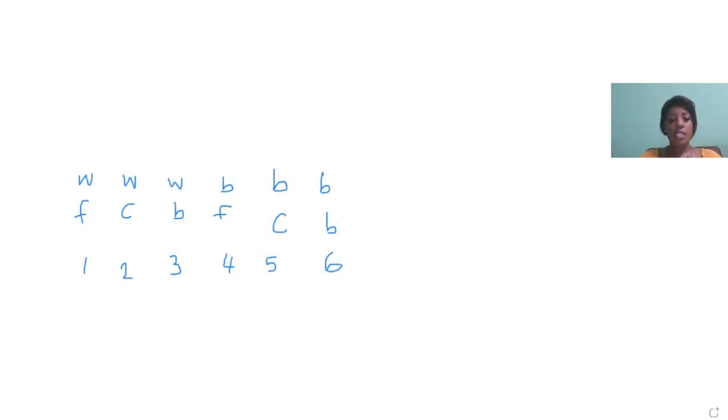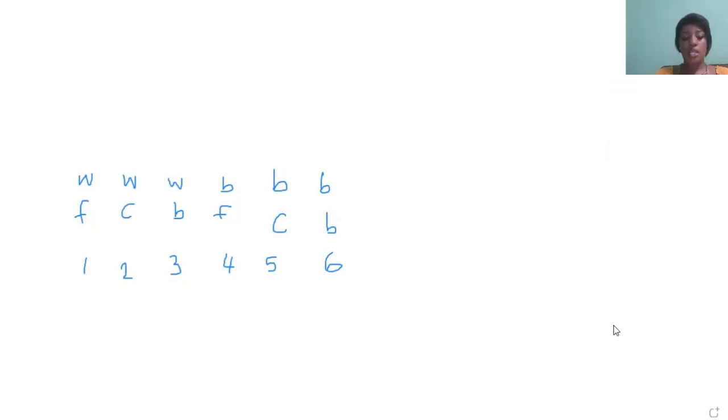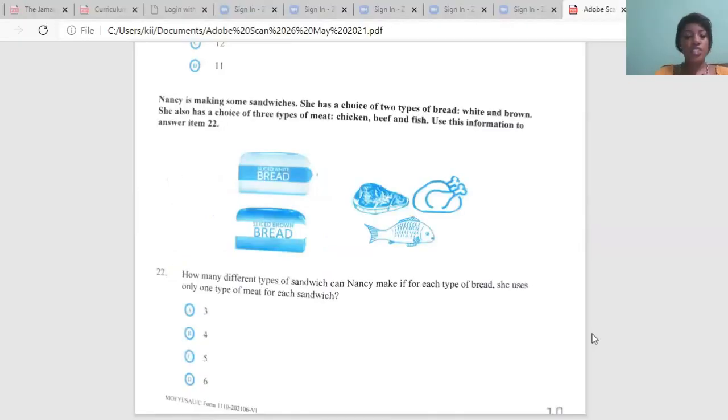So far I have 6 sandwiches, and I think it's safe to say that I can have 6 different types of sandwiches. I'm going to go back to the questions. So the answer is 6, which is D.